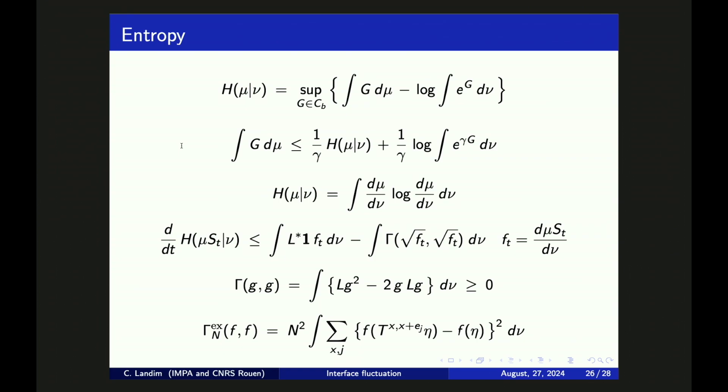And here it's minus the Carré du Champ, which is a positive term. So if you want to estimate the entropy, you want to prove a Gronwall type inequality. You have to estimate this expression. You have a positive term and a negative term, so you are allowed to estimate this expression by what I will call the energy and the entropy.